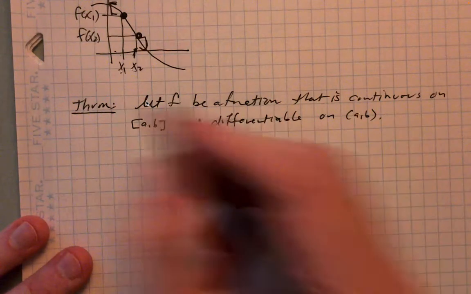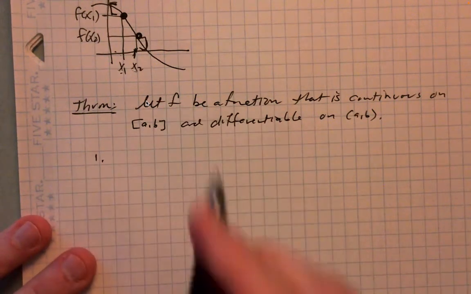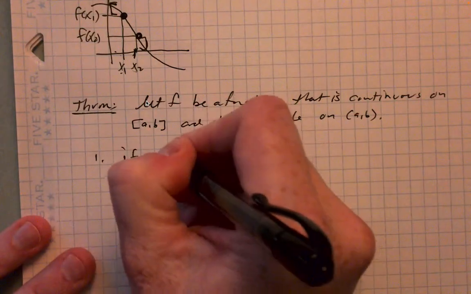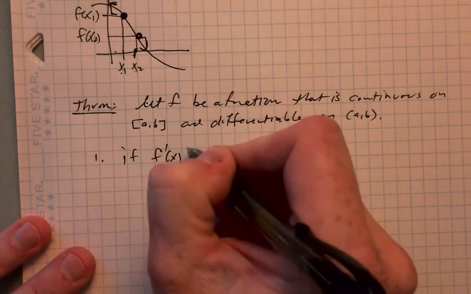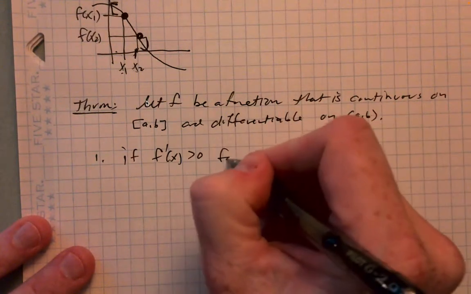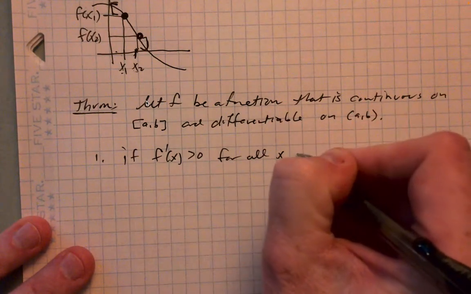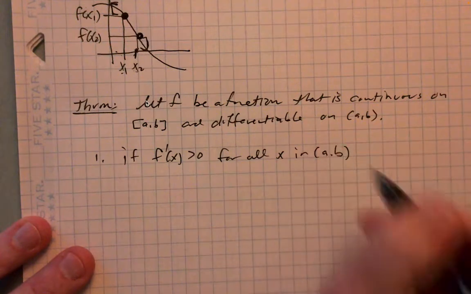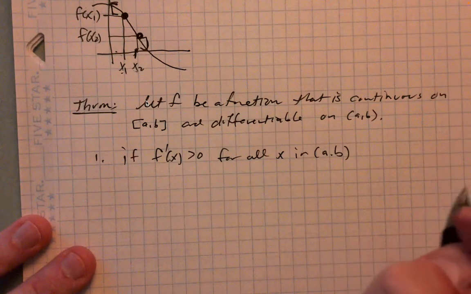Then there are going to be three statements here. The first statement is, if f prime of x is greater than 0 for all x in the open interval AB, then f is increasing.